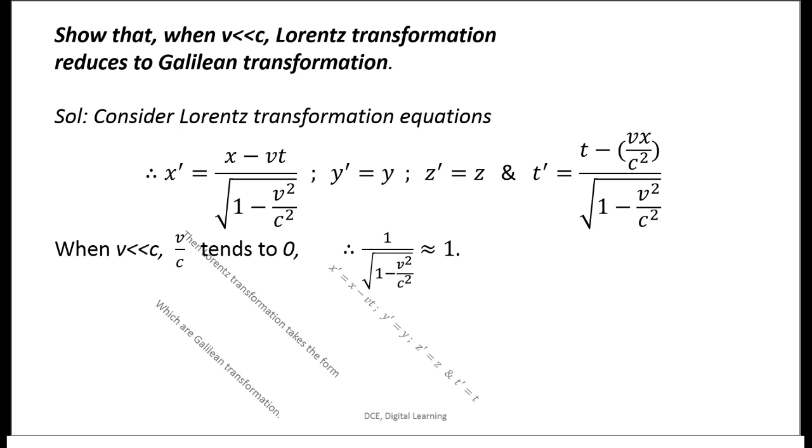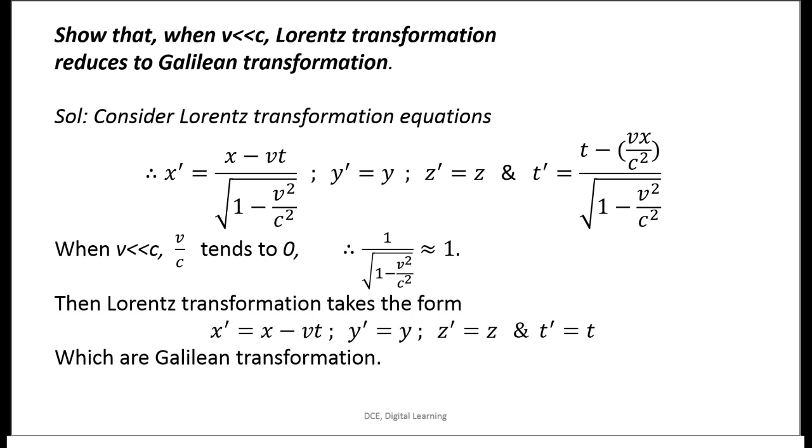So the Lorentz transformation equations become, in x prime is equal to x minus vt, the term inside the square root becomes 1, therefore x prime is equal to x minus vt. y remains as it is, z remains as it is, and for t, v by c square tends to 0, t minus 0 becomes t, and the denominator becomes 1, so t prime is equal to t.